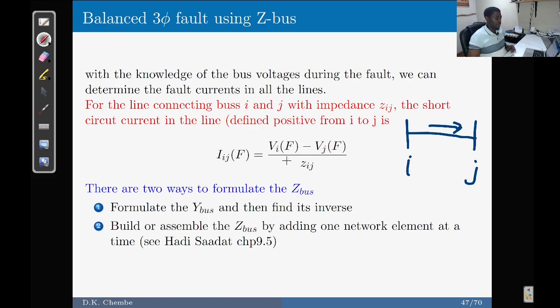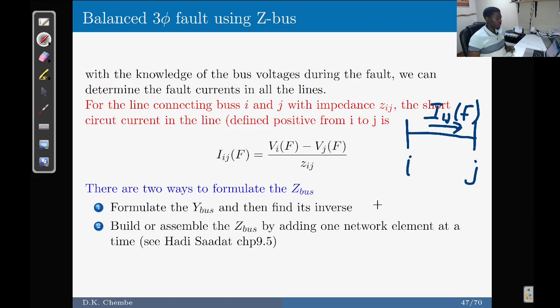So we get our current Ij during the fault to be equal to VIF minus VJF over Zi. And like I said, there are two ways that we could use to calculate the Z bus.